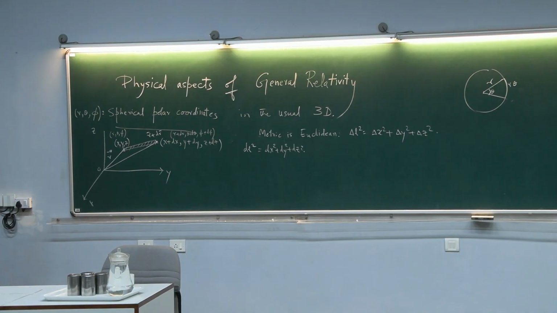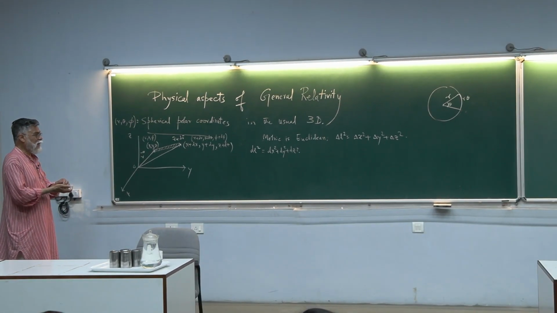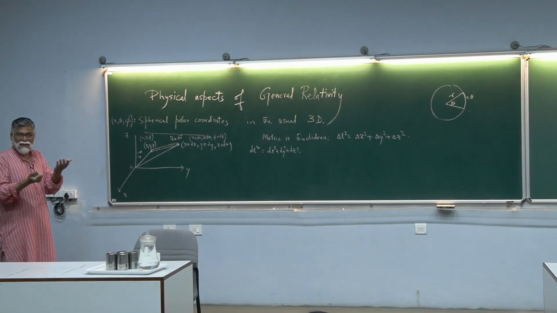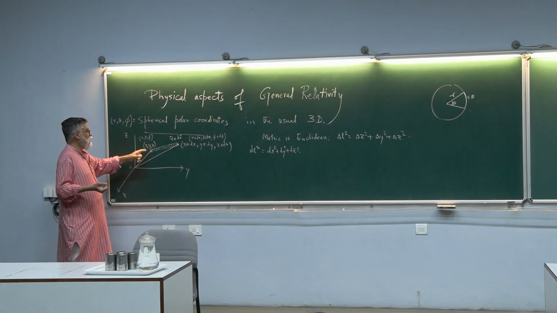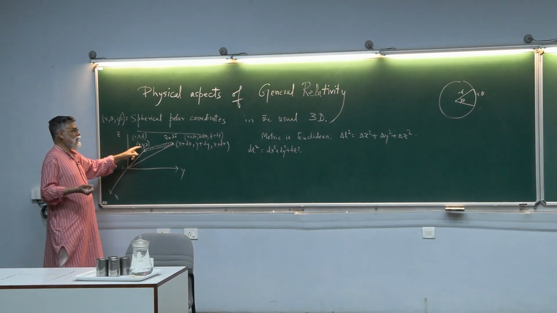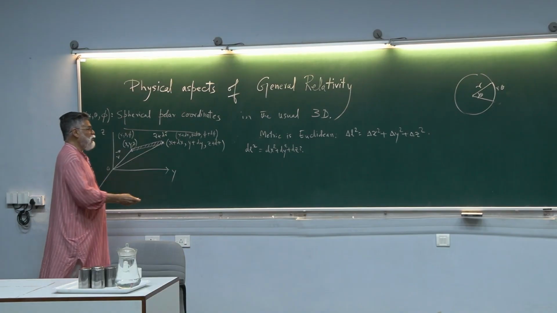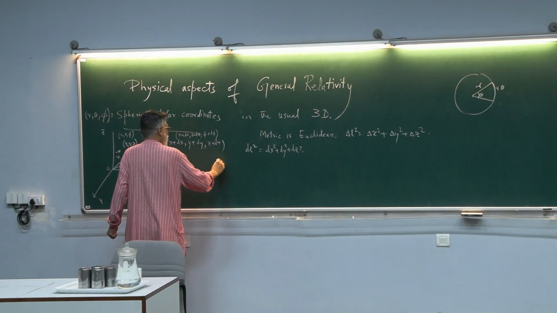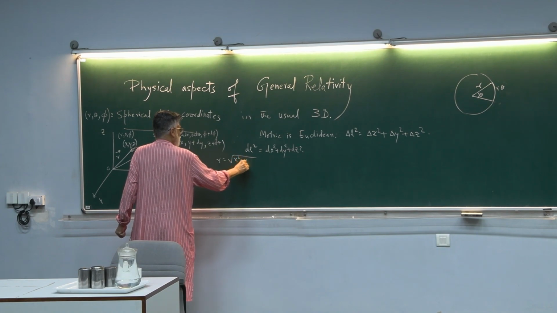Then he says, okay, what do we do? I mean, if I am using r theta phi coordinate system, how do I get the distance? Then he has to know the transformation property between r theta phi and x, y, z. Okay, the transformation property is very simple when he uses the fact that r is square root of x square plus y square plus z square.